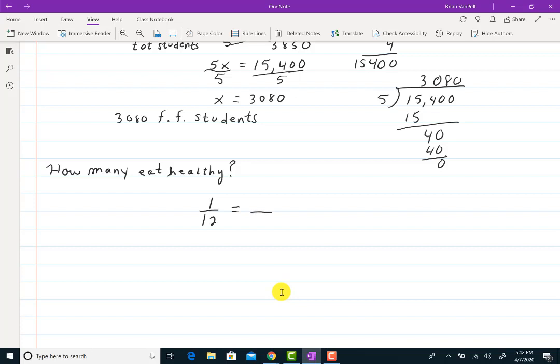We have 3,080 students, and we would like to know how many of them eat healthy. So this is my setup here: healthy versus, well, actually, I shouldn't say total students, I should say fast food students.